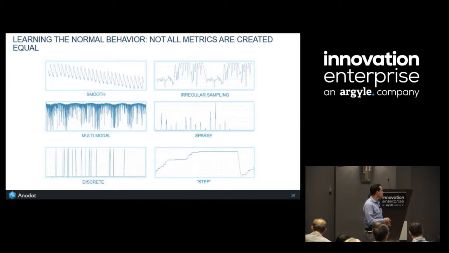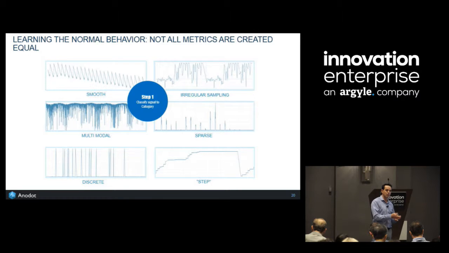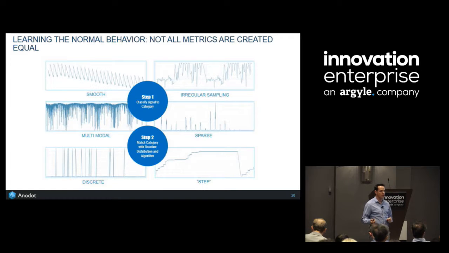So what do you want? You want a system with multiple algorithms that, in the stream itself, classifies the signal into the right category and then matches it with the right baseline distribution and algorithm, so the learning is very accurate no matter which signal type you are looking at.